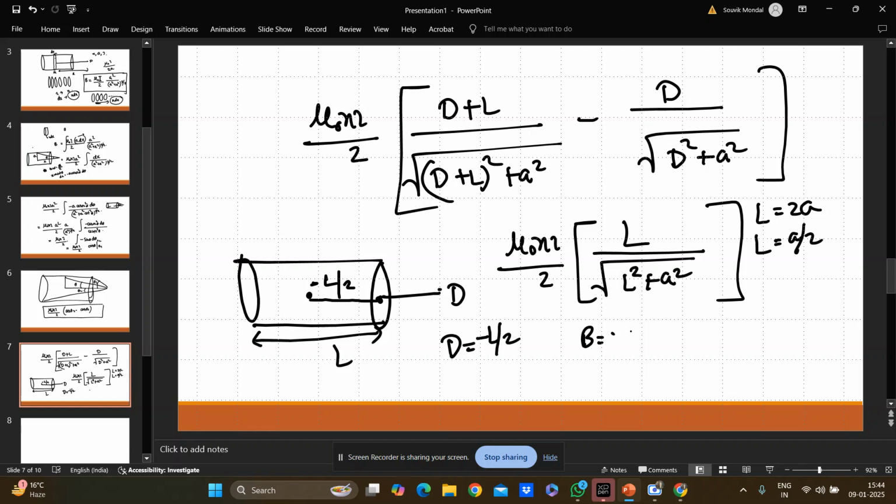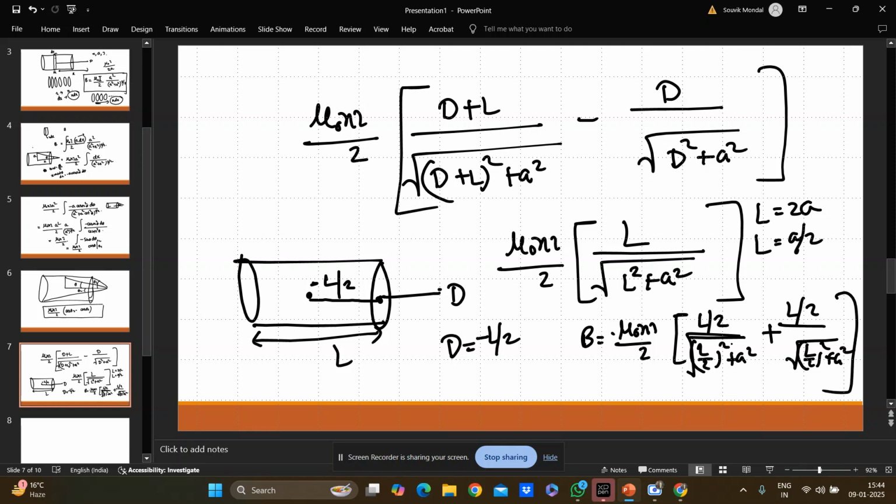So your B is equal to mu naught n I by 2. D is minus L by 2, so L minus L by 2 is L by 2, over root under (L minus L by 2) whole square plus a square, plus L by 2 over root under (L by 2) whole square plus a square. Okay, so this will be your answer.